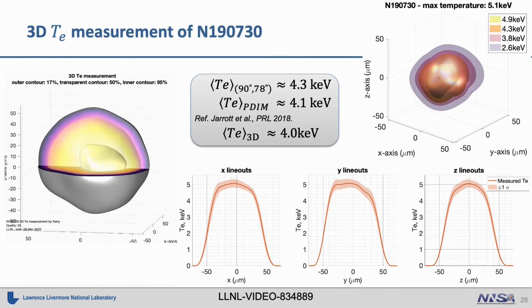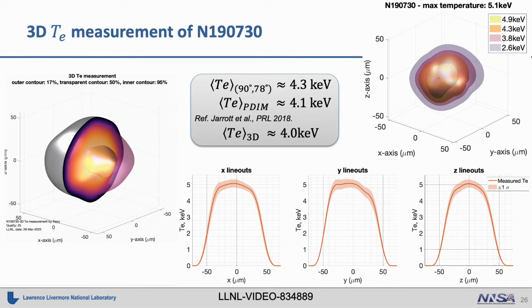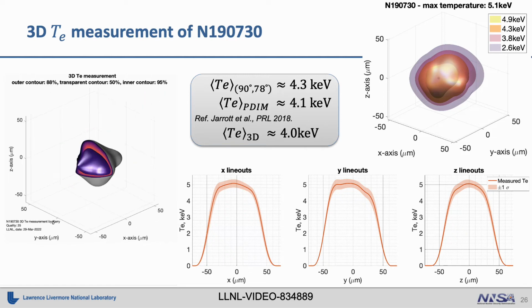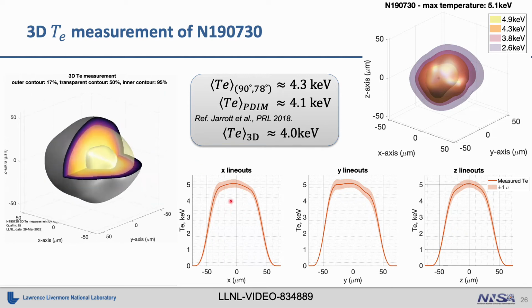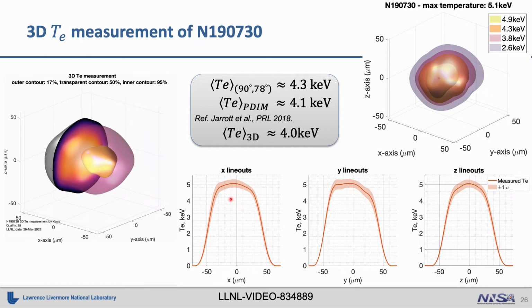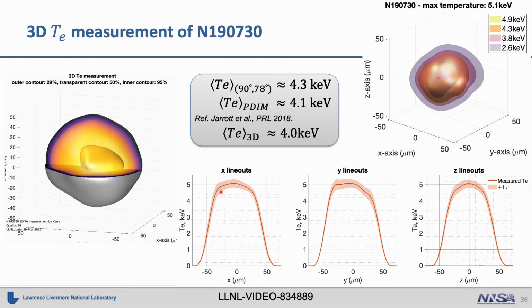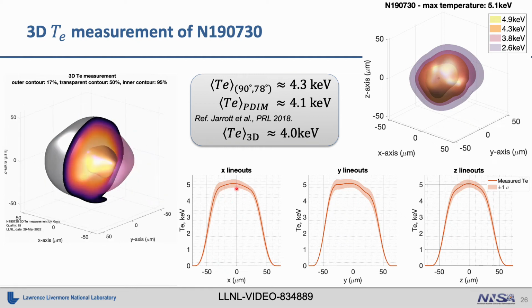And by using Monte Carlo sampling on the extra noisy images, we here produce a 3D TE measurement with an error bar quantified.